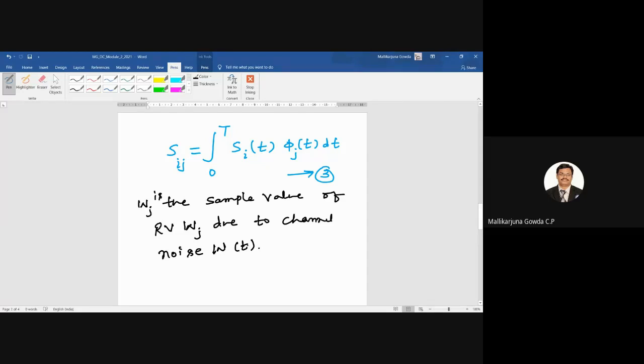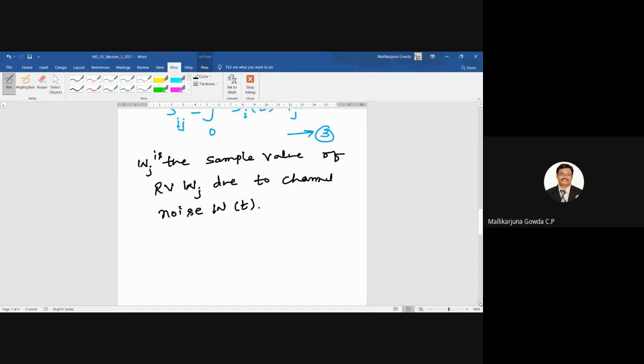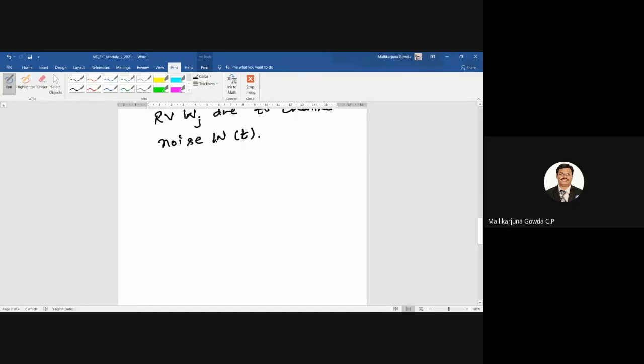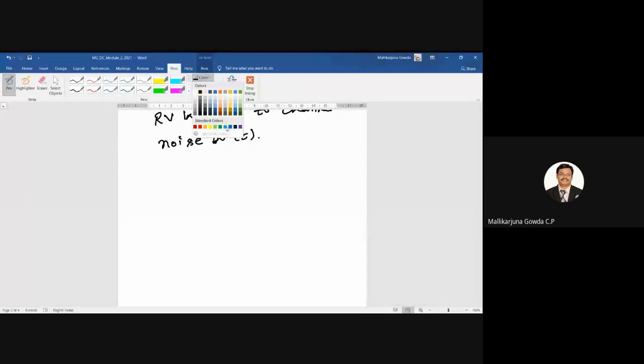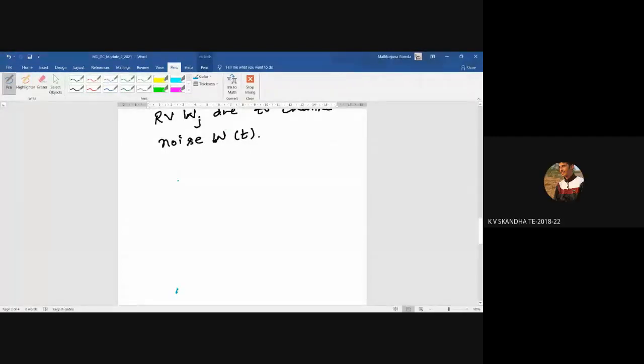Okay, fine. So how do I define that? Similar to that, how do I write that Wj expression? Integral 0 to T W of t into phi j of t.